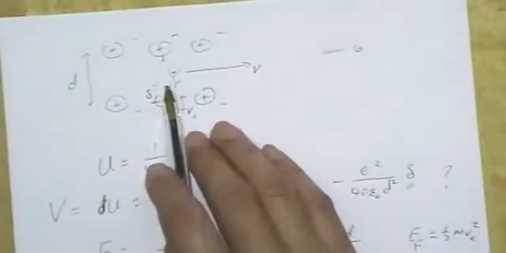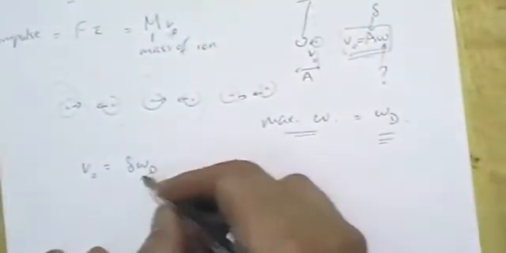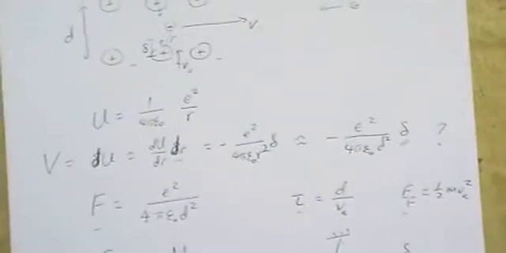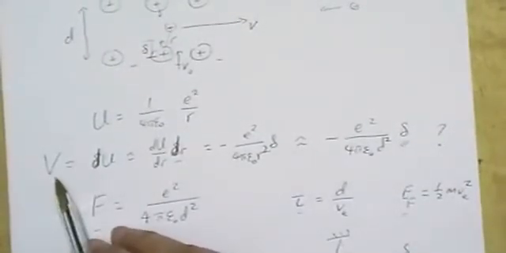And the angular frequency that we need is just the Debye frequency. So finally, we have all the equations we need to calculate delta. And from delta, we can calculate the attractive potential.